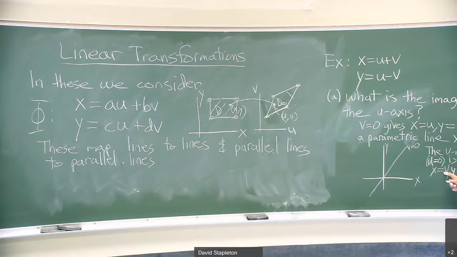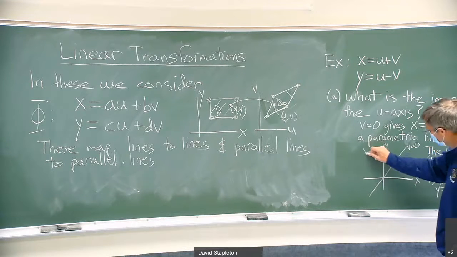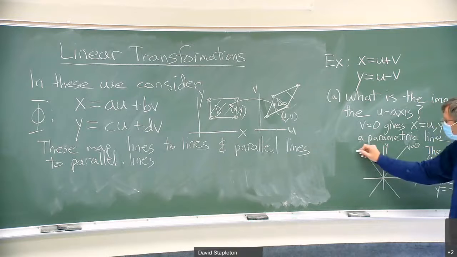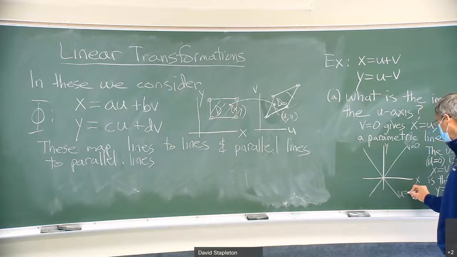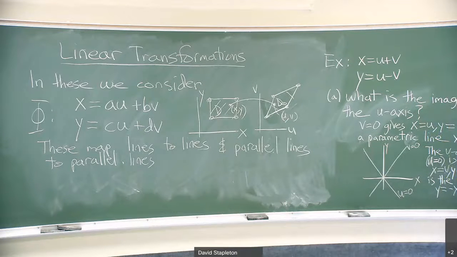These are parametric equations for the line, and by eliminating the parameter v, you get y equals minus x. So it maps these lines to these lines. What it's really doing, as we mentioned last time, is just changing your axes, but it still keeps the axes straight lines when you do a linear transformation.